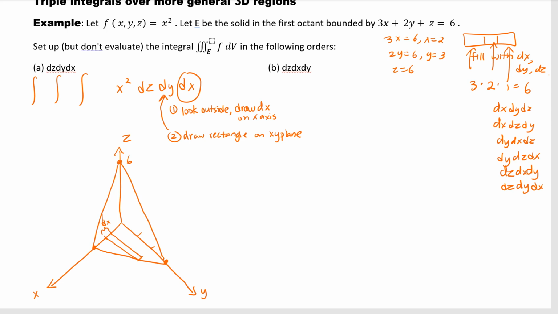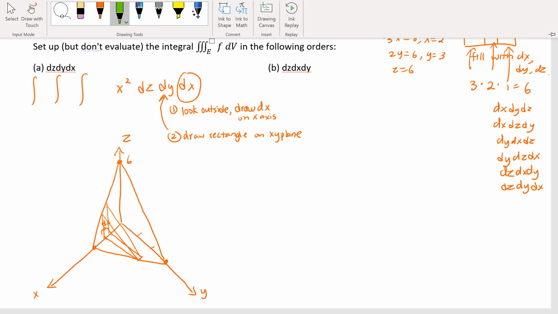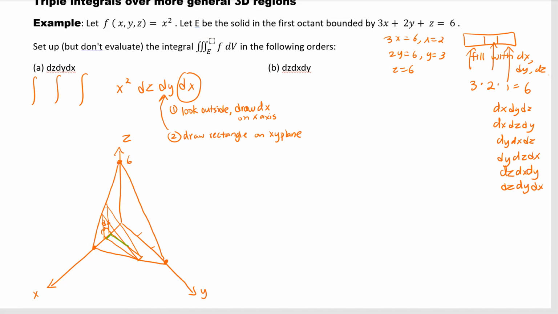And then z is just this guy. Okay, this is the cross section. Okay, so now let's see. Let me use a different color to indicate. So the second step, we draw this rectangle, right?